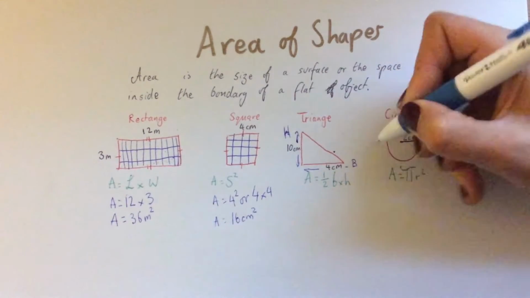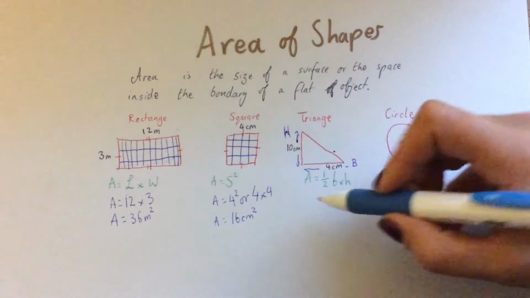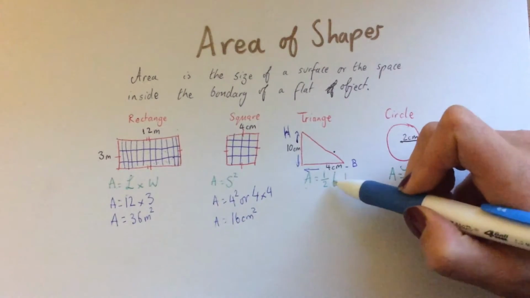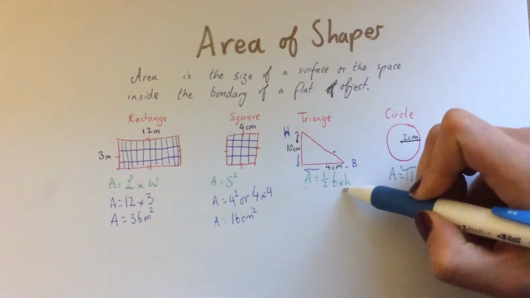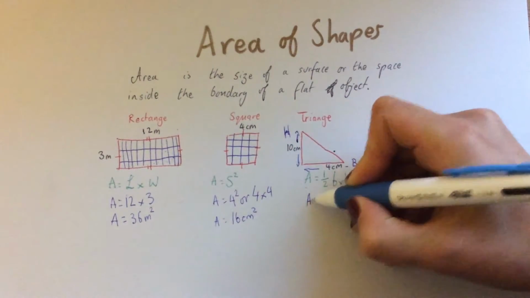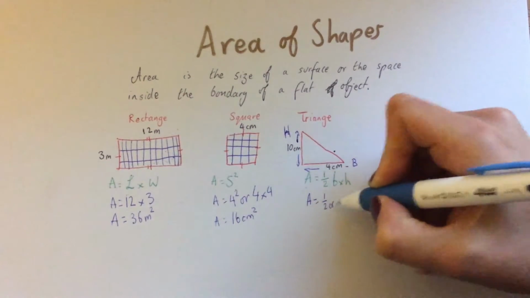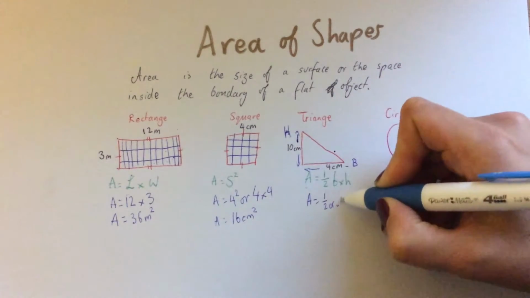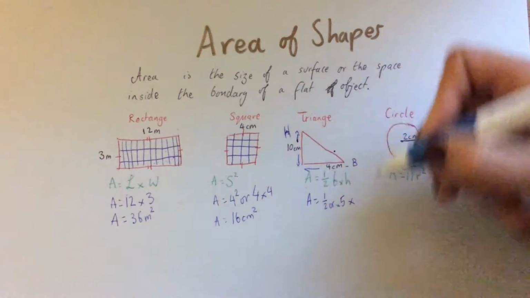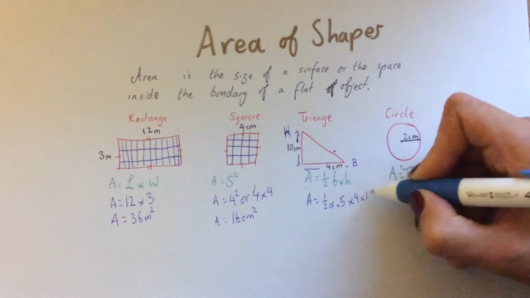The formula that we use to figure out the area of a triangle is area equals half multiplied by the base times the height. So area equals 1/2 or 0.5, because remember 1/2 is the same as 0.5, times the base, which in this circumstance is 4, times the height, which is 10.